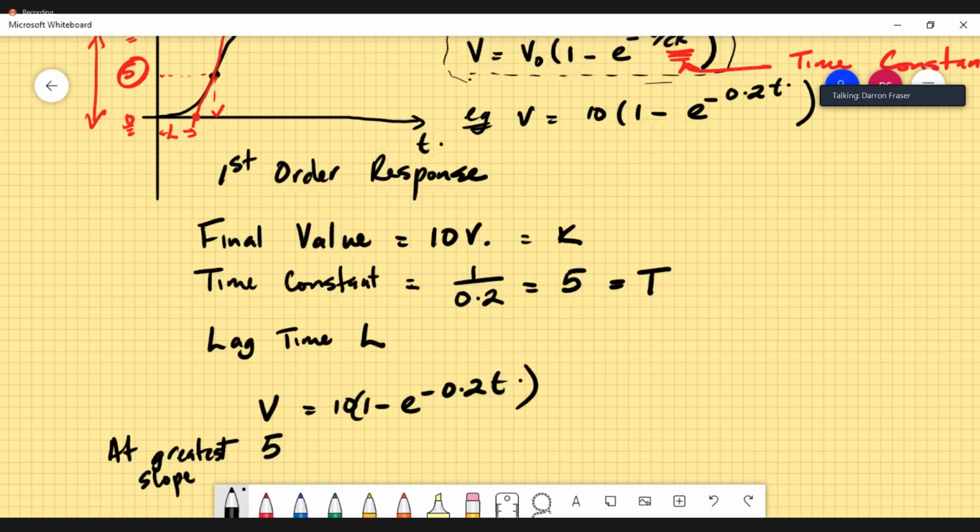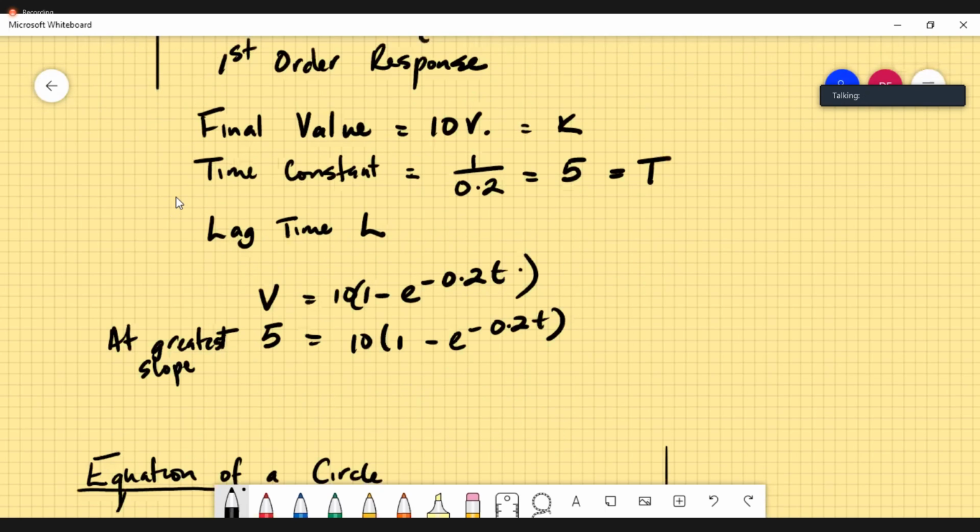So at the greatest slope, 5 is equal to 10 times (1 minus e to the minus 0.2t). Let me transpose for t.